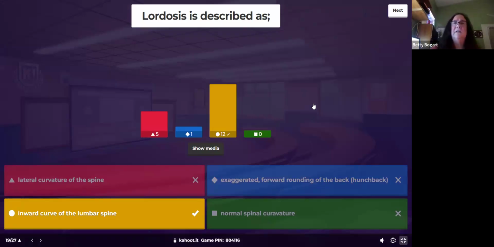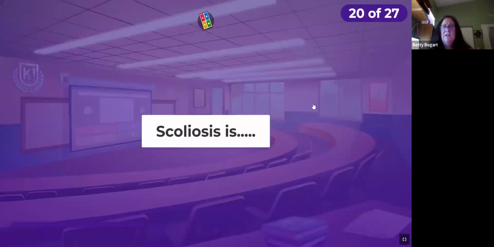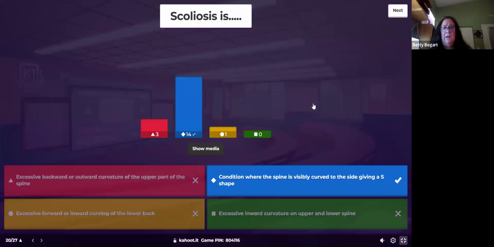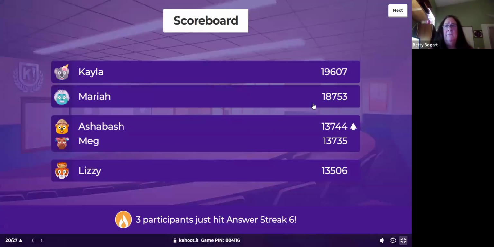It's one of the conditions they have, the lordosis of the spine. Scoliosis is what? So scoliosis is that S-shaped curvature of the spine. That's all it is, an S-shaped curve.